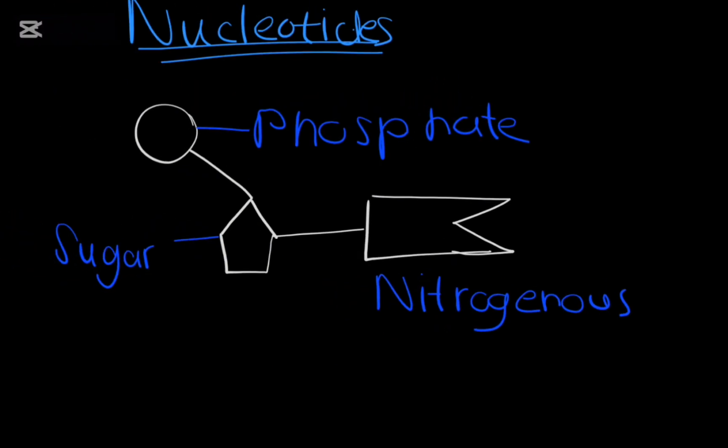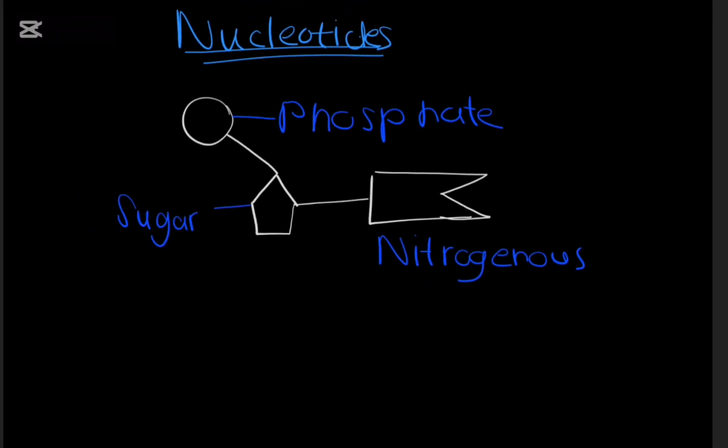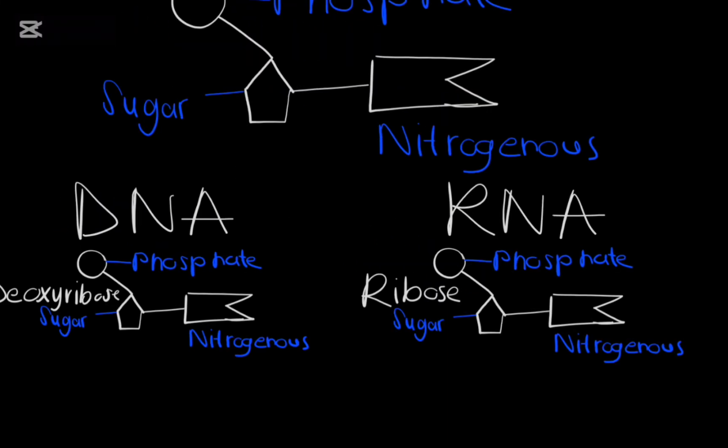This is just the general nucleotide. I will draw a nucleotide that is specific to DNA and one that is specific to RNA. Phosphate remains the same in both DNA and RNA, it doesn't change anything.